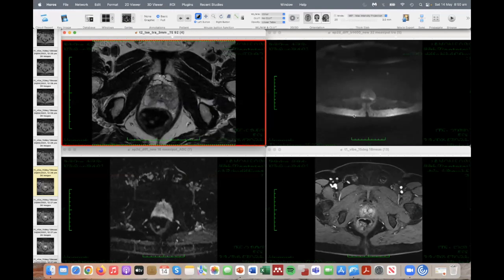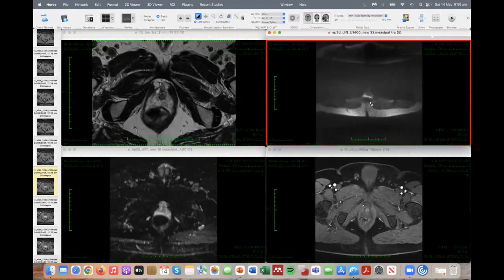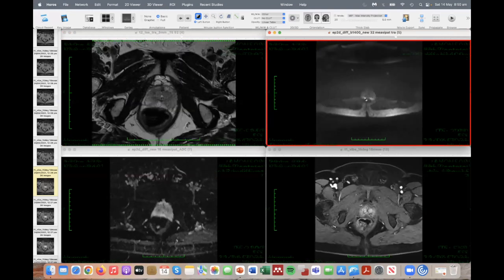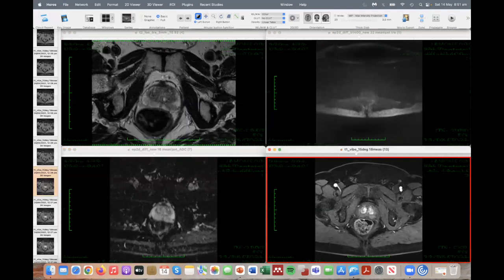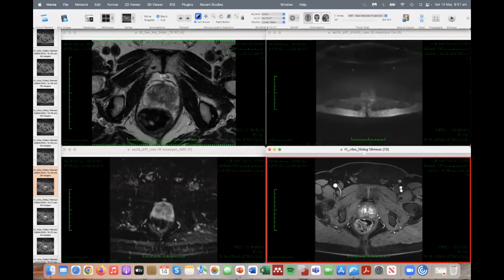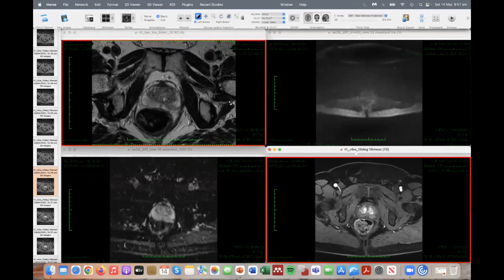And at the same time, if we have a look at the dominant sequence for the PZ here, we can see some restricted diffusion here on the left that corresponds to this area of low ADC here, and also corresponds to this area of enhancement, although the enhancement is bilateral.